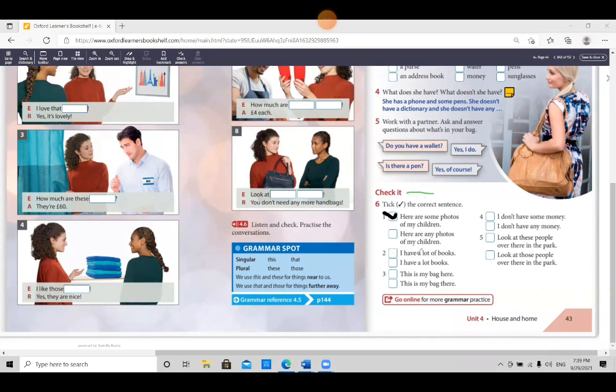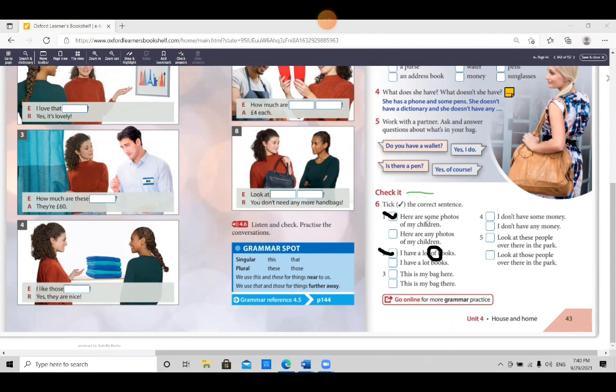Which one is correct? A lot of or a lot books? A lot of books. So we don't forget the preposition of. It's wrong to say I have a lot books. Okay. Number 3.